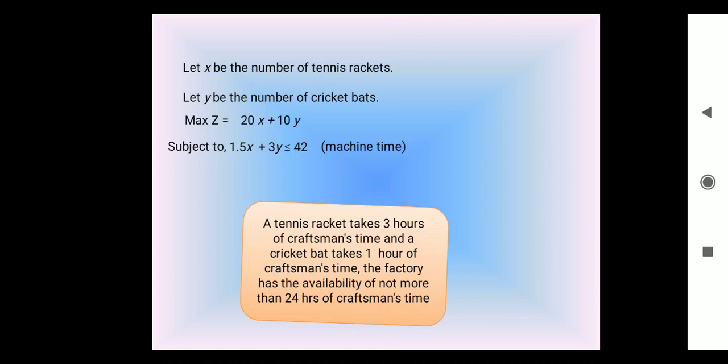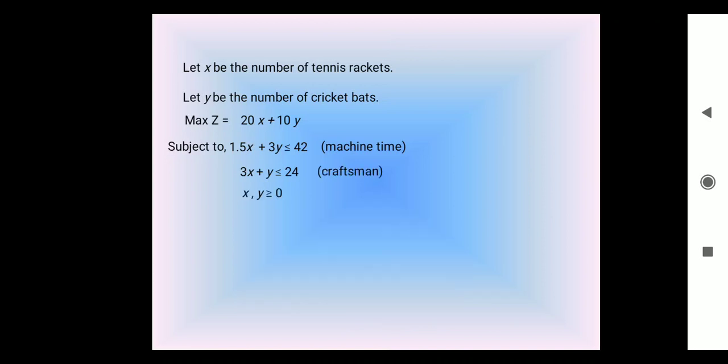Therefore here also we are using the symbol less than or equal while constructing the constraint, that is 3x plus y less than or equal to 24. This is for craftsman time. Therefore the non-negative constraints are x, y greater than or equal to 0.